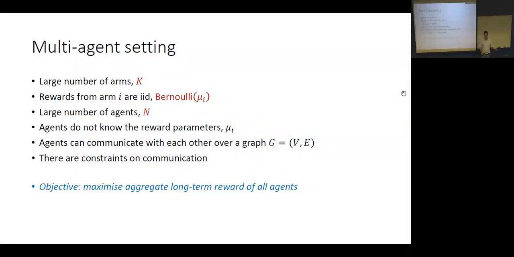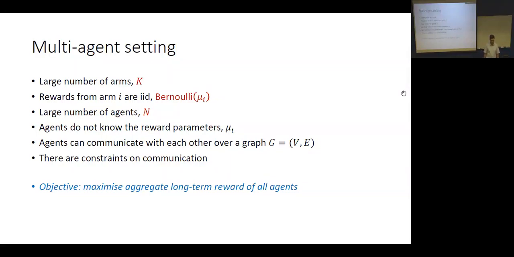You should also care about individual agents. It's not great if you minimize the aggregate regret, but all the regret is suffered by one agent and everybody else does well. We don't actually put that into the optimization problem we pose, but from the solution, you'll see that all agents get pretty good regret.